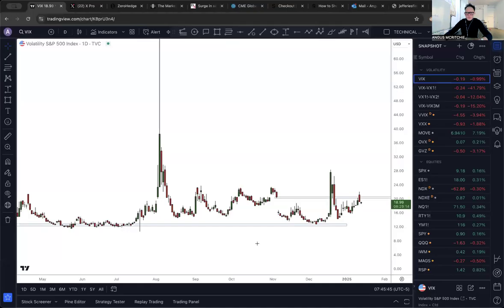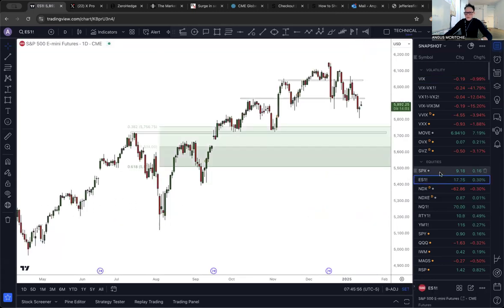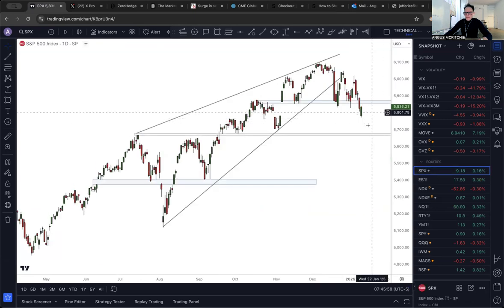Right. So we looked at volatility. As I say, volatility has come down a little bit, but still not at completely low levels here. Okay. So we'll look at the SPX here, having a little bit of a bounce.